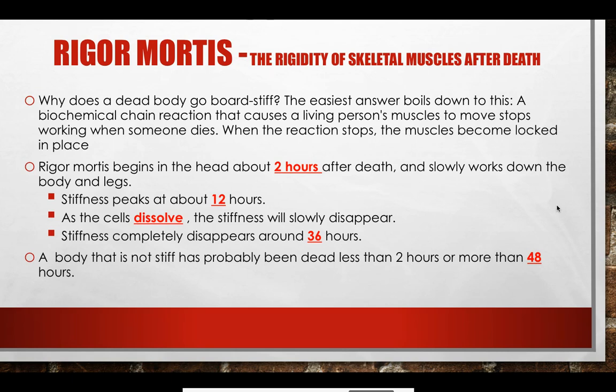So a body that is not stiff has probably been dead for less than 2 hours or more than 38. So this is when the stiffness takes effect from the 2-hour mark to the 48-hour mark. But if the body is not stiff or kind of limp, you know that it happened outside of that range of time.